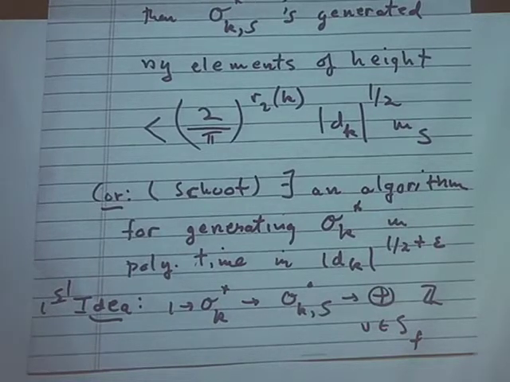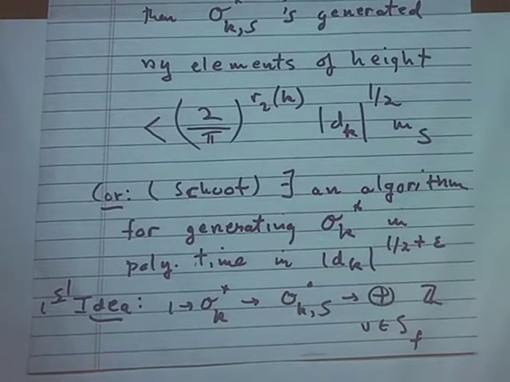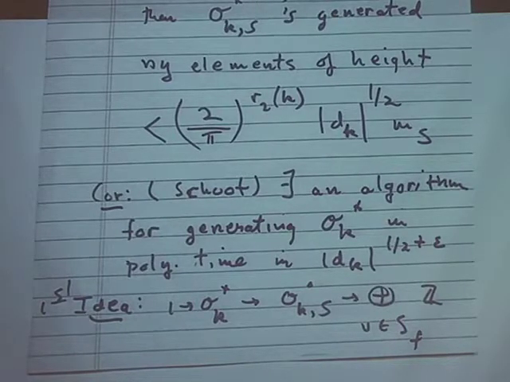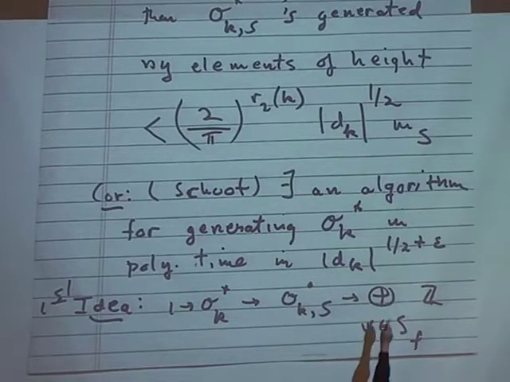And Leinster had an algorithm that was polynomial in the discriminant to the half plus epsilon. Well, actually, I think that polynomial can be taken to be degree 1. I wrote polynomial time, but Schoof improved this. So there actually is an algorithm now for generating the unit group in time bounded by this discriminant to the half plus epsilon.